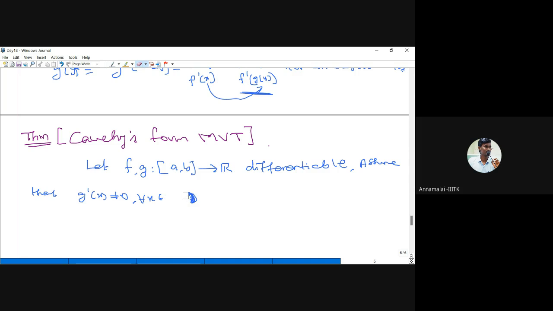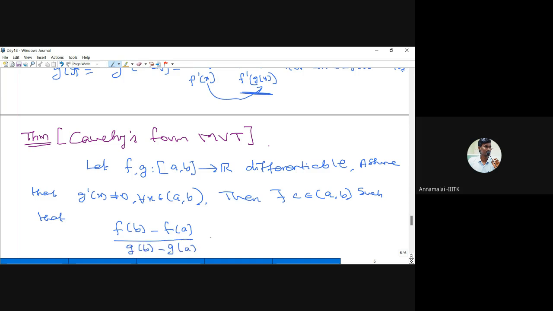Then there exists c in the open interval a comma b such that (f of b minus f of a) by (g of b minus g of a) equals f dash of c by g dash of c. So this is the Cauchy mean value theorem.